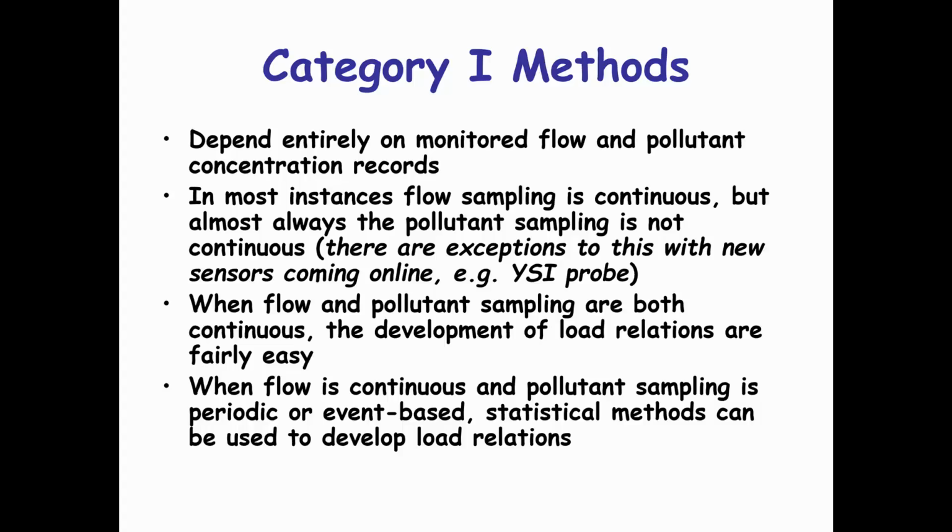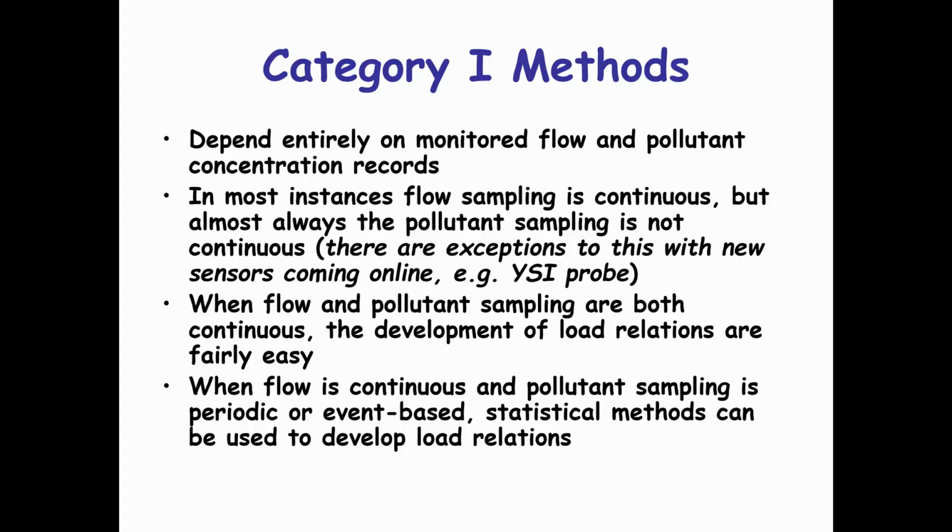But of course, those literature values also depend on monitored information, both flow and pollutant concentration. So the information derived from the literature is information that's derived from monitored data.